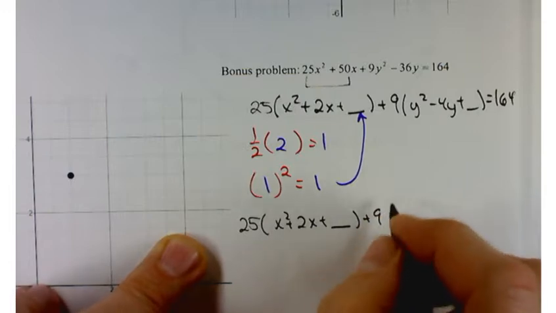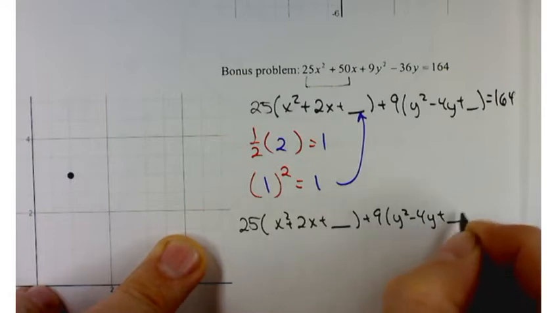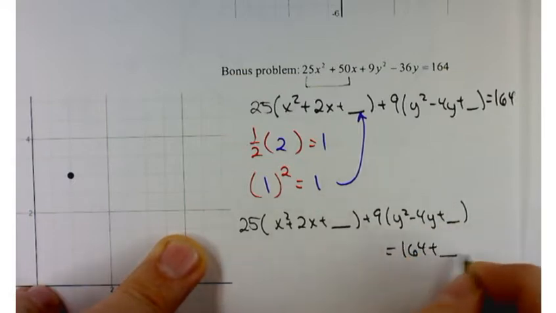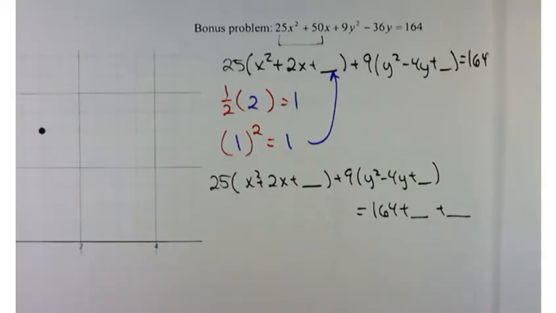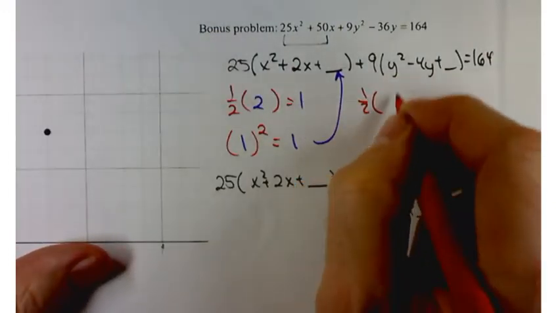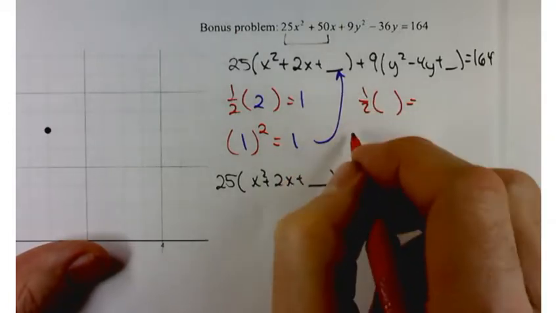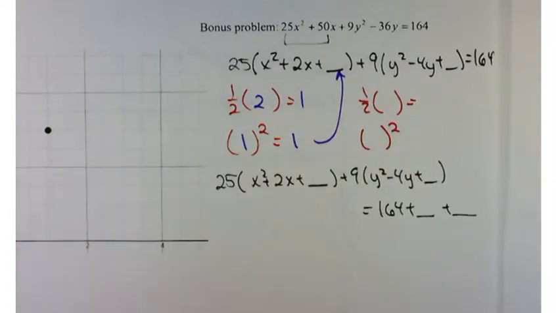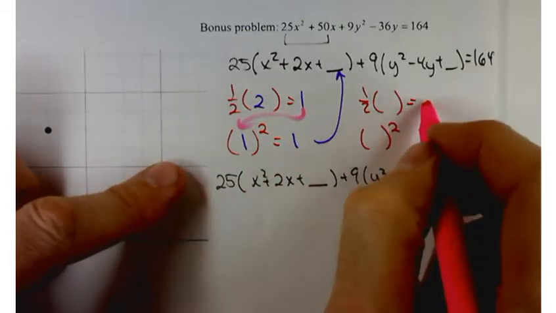And then we have to do the same thing for y squared. I'm going to give you a chance to complete the square on the y squared, and we can kind of compare answers. So again, you take half of the middle coefficient, you get a number, and then you take that number and you square it.